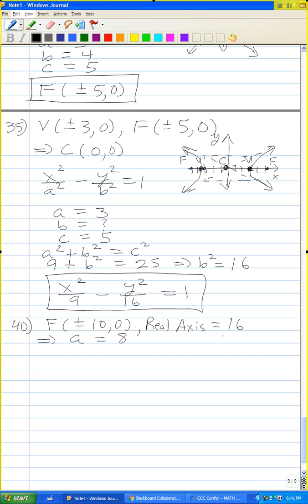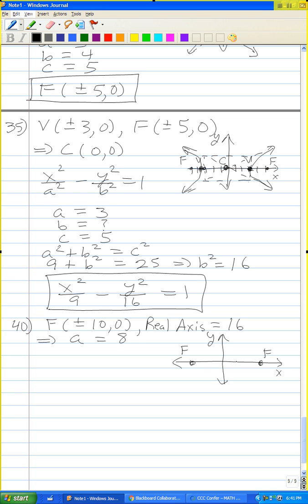So let's see why that's true. So the foci are at plus or minus 10, 0. So they're along the x-axis.